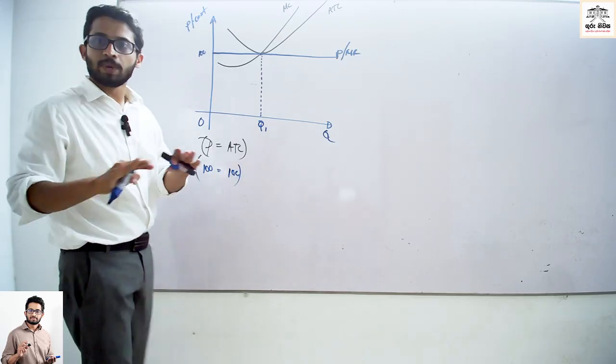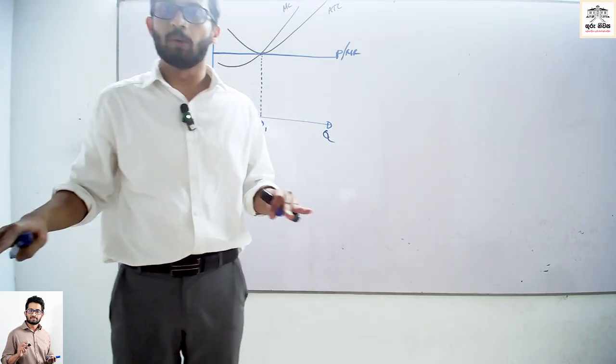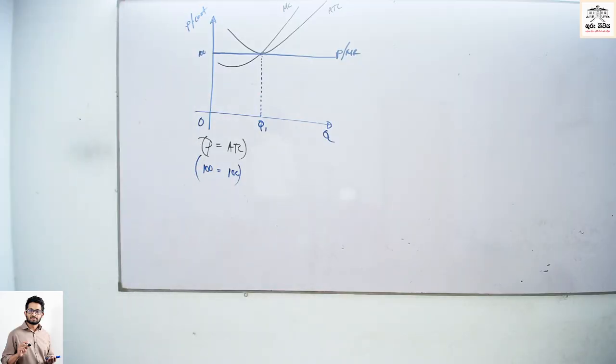So there is no specific area of profit. We can't shade a specific area to show the profit. Did you get what I said? This is the long run equilibrium of the perfectly competitive firm.